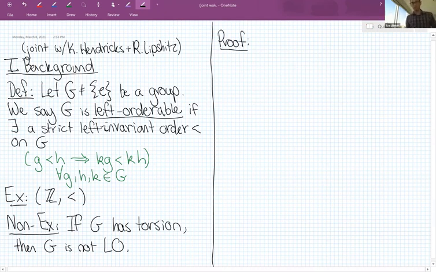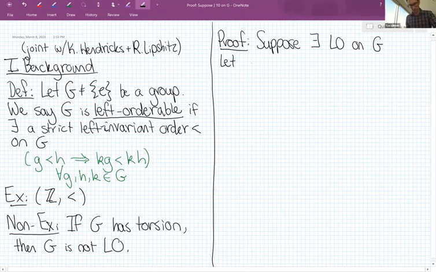Suppose there exists some left order on the group G, and let's pick a torsion element, so that g to the n is the identity. Up to maybe taking the inverse of g, g is a positive element, bigger than 1.